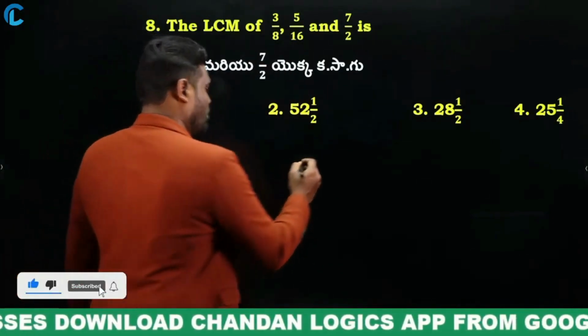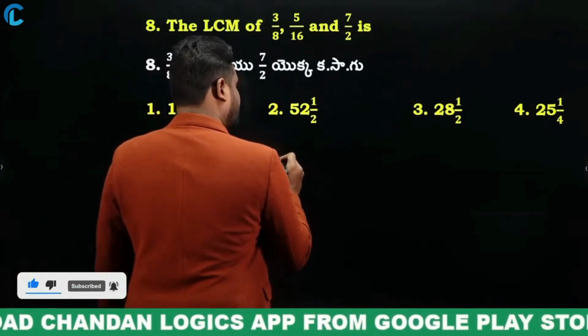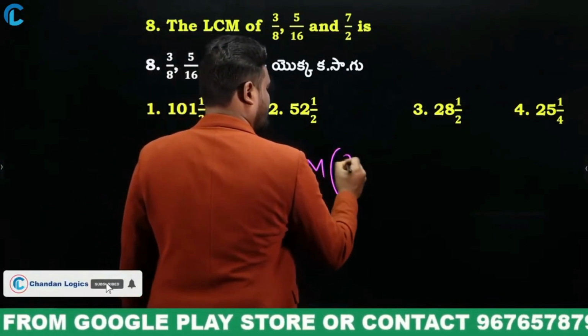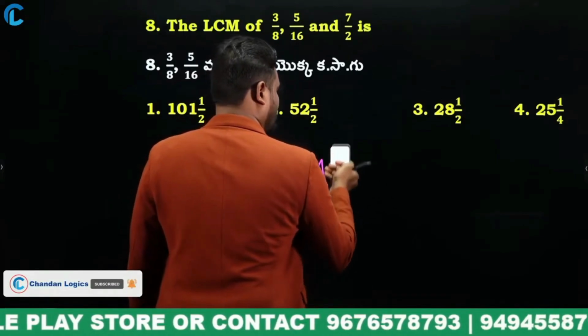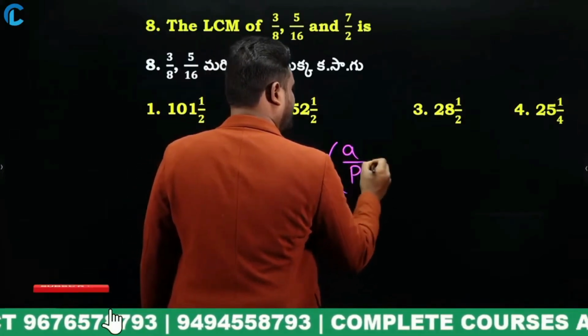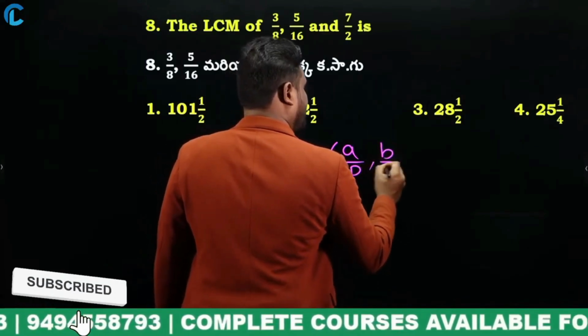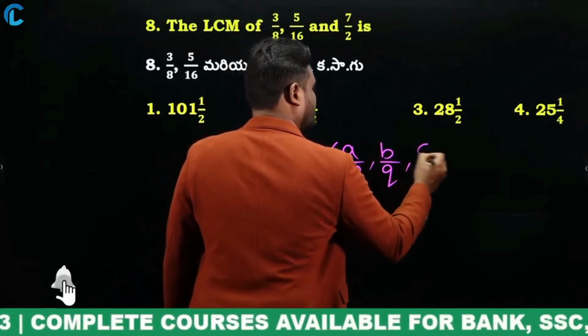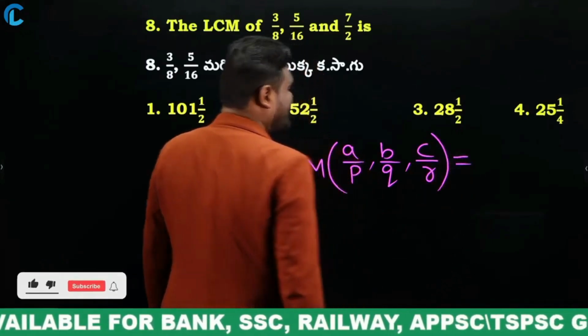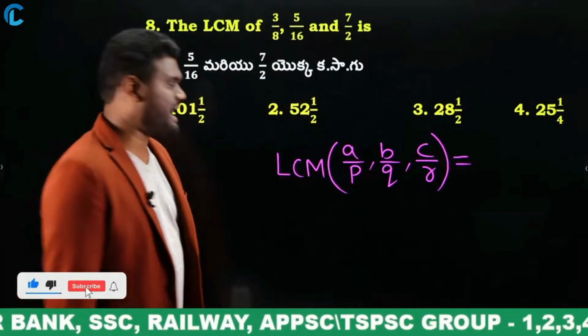Observe carefully. Look here. LCM of fractions: A by P, B by Q, C by R. So what is the LCM of A by P, B by Q, C by R?